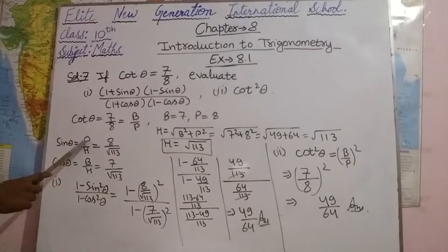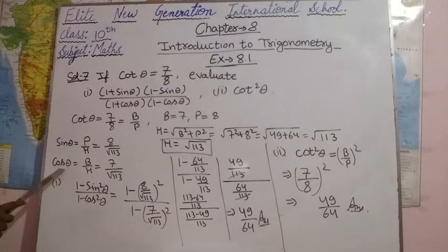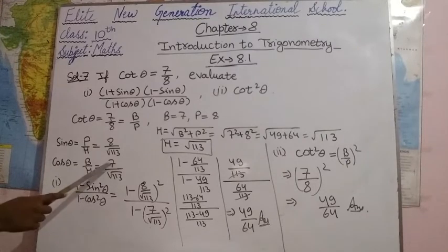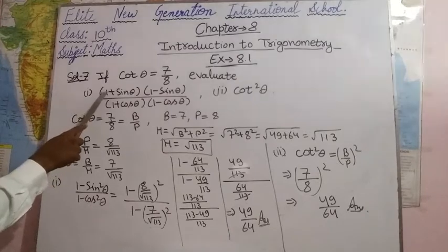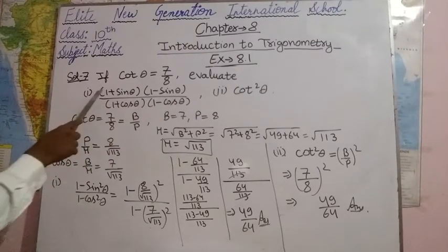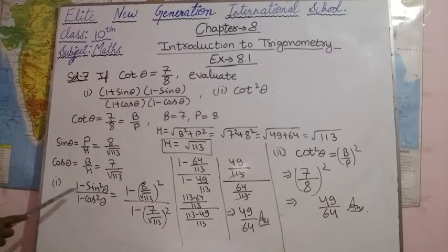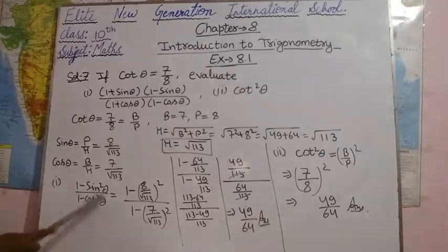Now the value of h equals under root 113. Sin theta will be equal to p upon h, that is 8 upon under root 113, and the value of cos theta, b upon h, is 7 upon under root 113. Now in the first part we have (1 plus sin theta)(1 minus sin theta). Here we can apply the formula (a plus b)(a minus b), so it will be a square minus b square. So we can write 1 minus sin square theta.